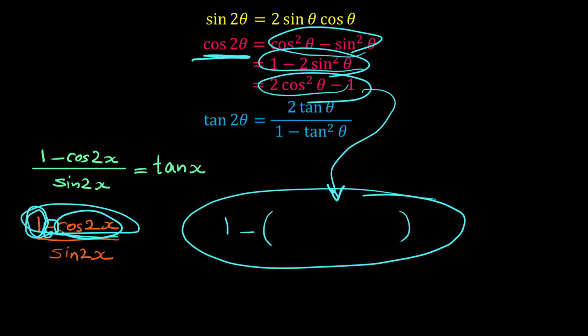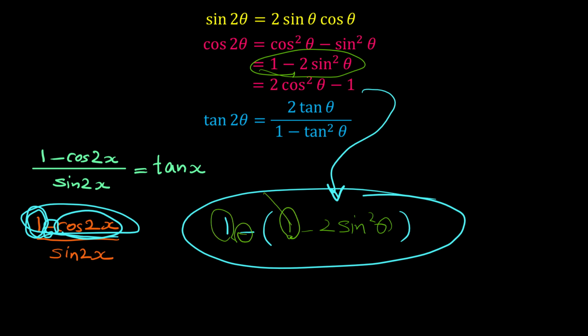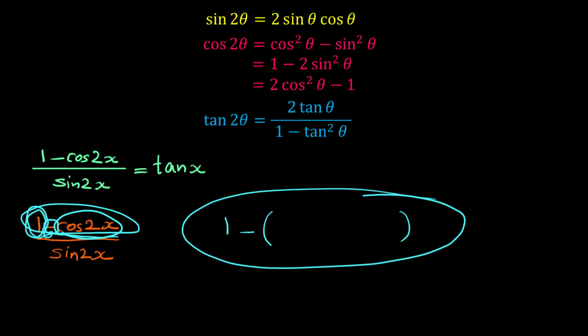If we use the middle one, 1 minus 2 sine squared for cosine, why is this a good idea? Because then we have 1 minus 1, and this 1 cancels with the other 1. But suppose you use, for example, the last one, 2 cosine squared minus 1.